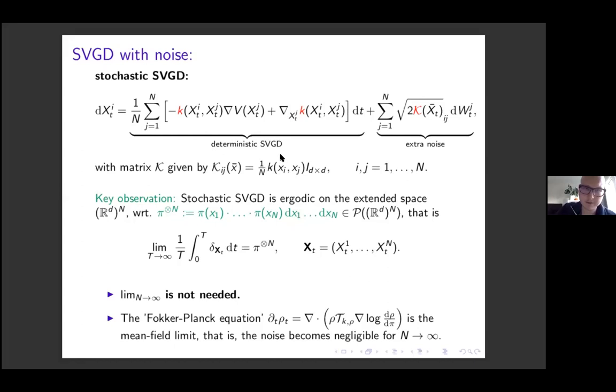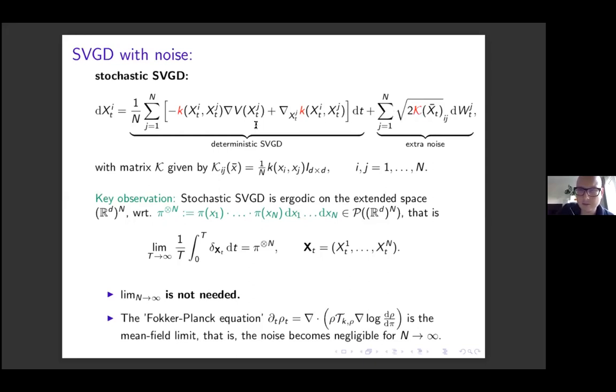Yeah. So the next observation is that this Fokker-Planck equation that we had before, that looked like the ordinary Fokker-Planck equation, however, including this integral operator T, is in fact the mean field limit for the empirical measure associated to this SDE system.